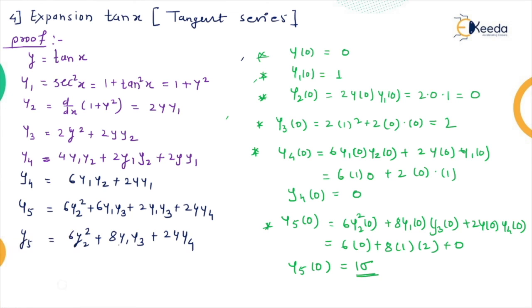So guys, let's check here. y of 0 is 0, y1 of 0 is 1, y2 of 0 is 0, y3 of 0 is 2, y4 of 0 is 0, y5 of 0 is 16. By using these values in the Maclaurin series, let's see what we get.